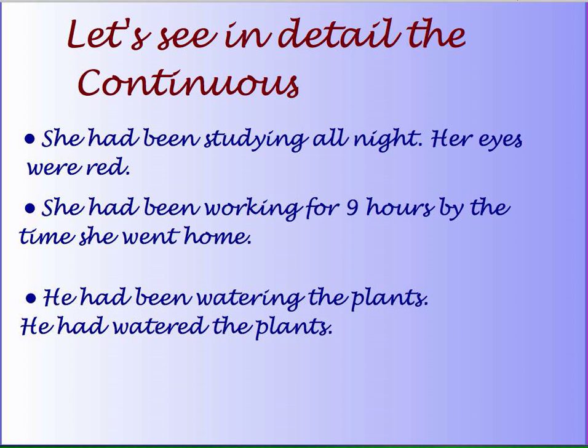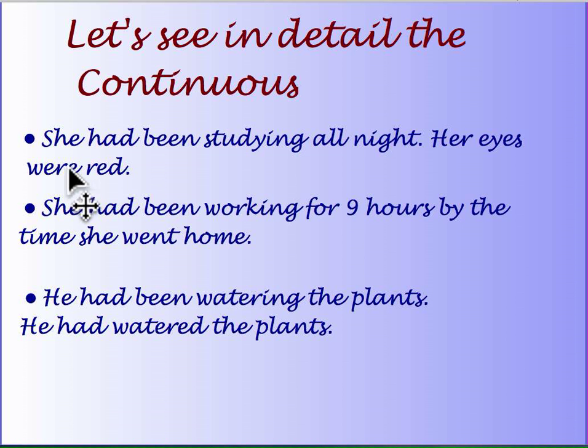And what about the continuous? Well, if you remember present perfect continuous, this shouldn't be a big problem. For example, have a look. She had been studying all night. Her eyes were red. Okay?